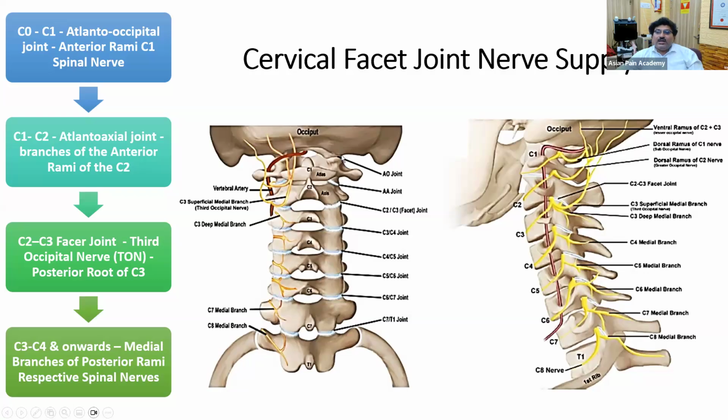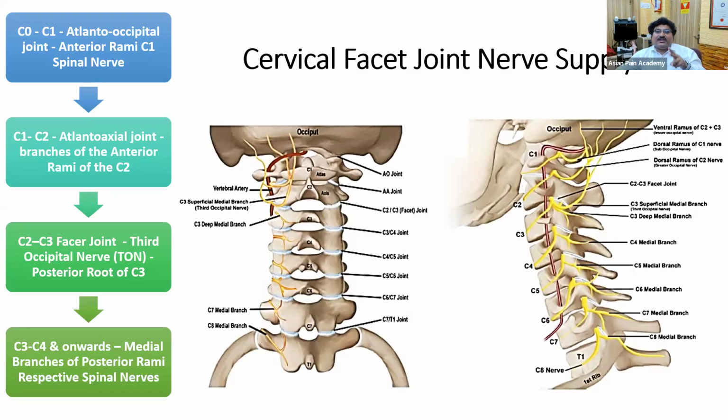So we need to know the exact nerve supply of the cervical spine, especially the facet joints. So, how are these joints supplied? Remember, the first two joints neither lie in the same anterior-posterior plane, they are much more anterior, nor are they supplied by the dorsal ramus.